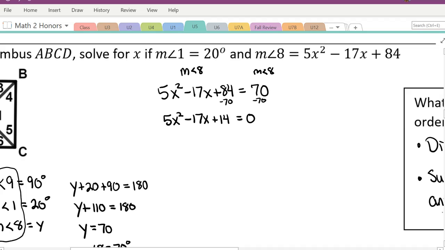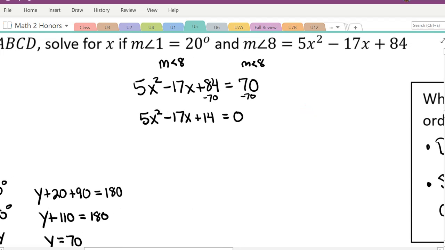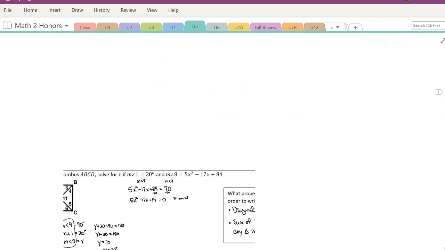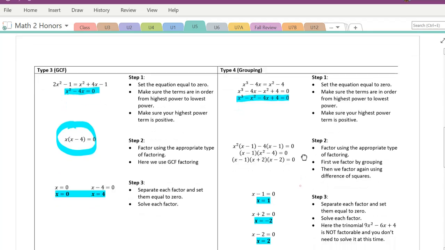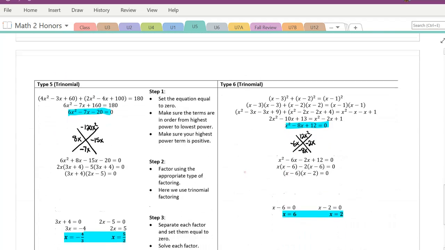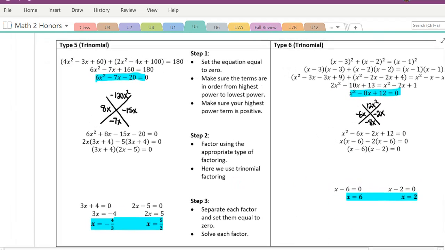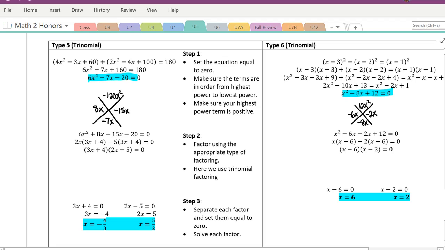This is the type of problem that we're going to use trinomial factoring. And why do I know that? Well, because I have three terms. And if you want a reference, if you look at type 5, the example there, this is what we're going to be doing to solve this problem.